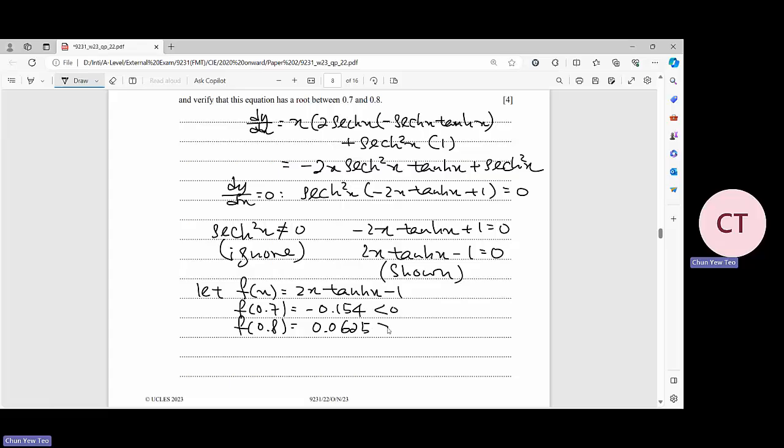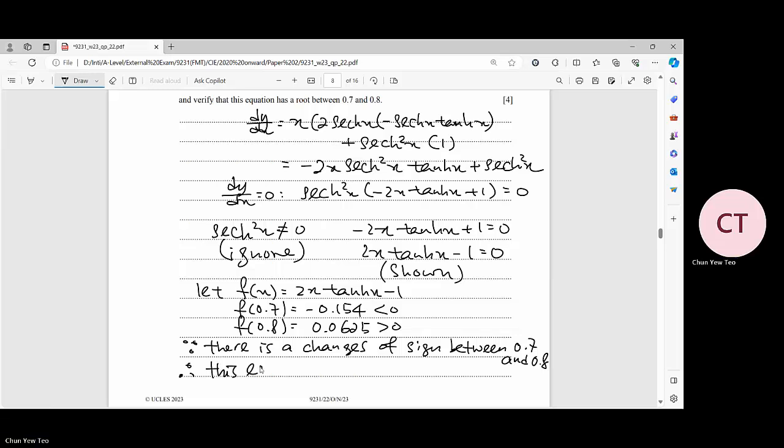This is a negative value, this is a positive value. So just say that because there is a change of sign between 0.7 and 0.8, therefore this equation has a root between 0.7 and 0.8.